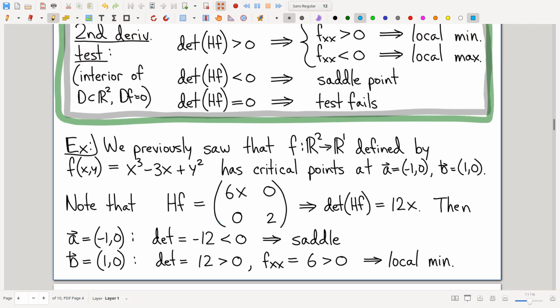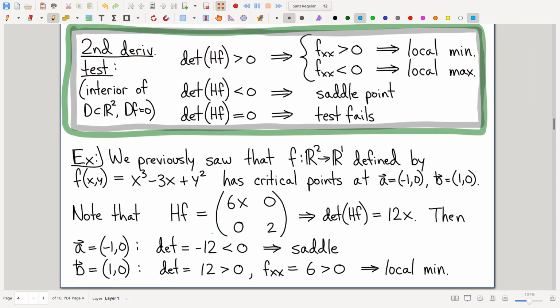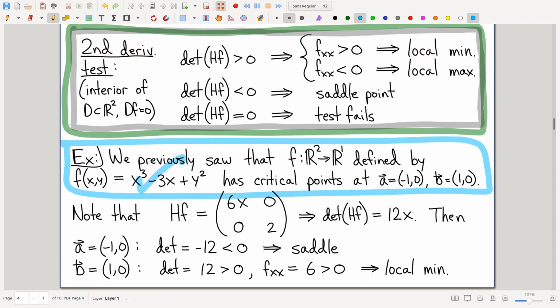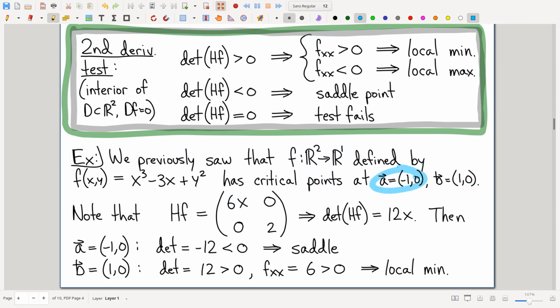Example. Let's try to squeeze all this on. Here we go. For this function, we've already found the critical points, and they were these two points right here. We just left that as it was at the time. So let's think through now, how would we follow the above procedure for these two points? Well, one at a time. Let's start with that point. We can compute our Hessian determinant.